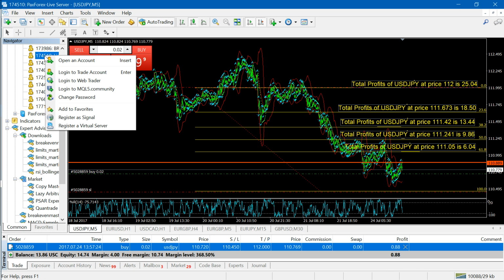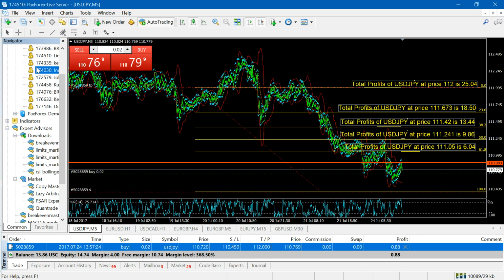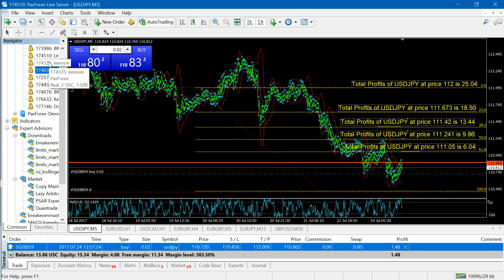Yes, she is at 1 to 500 leverage here, and yes, 1 to 500 leverage there, and what is here? Yeah, we're running 1 to 100 leverage over here. No wonder we have a different rate available than we have at the other. This one is 1 to 100 leverage, whereas this one that we're looking at now is 1 to 500.